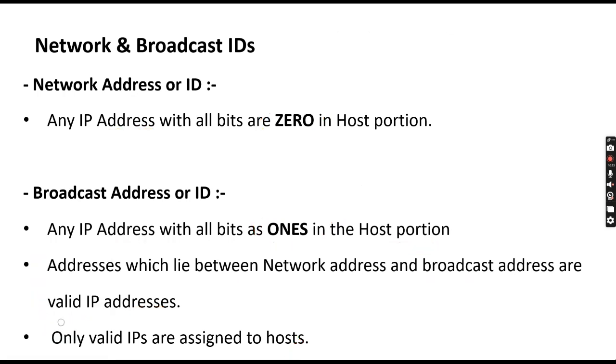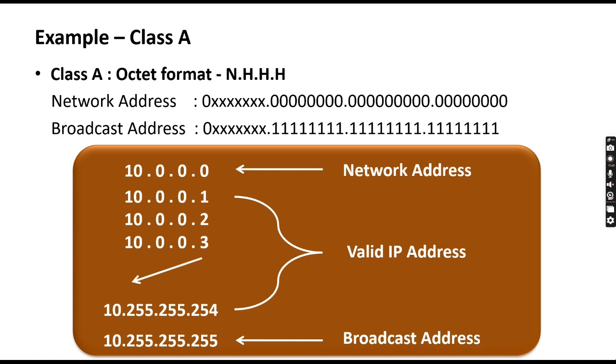Okay, simple. Now next we need to understand the subnet mask and octet format ranges. For example, as I said, for class A, the octet format is this, and we are taking one example for a class A IP address, 10 dot range, where this is network and this is host.